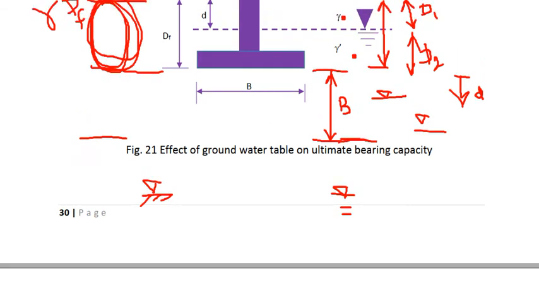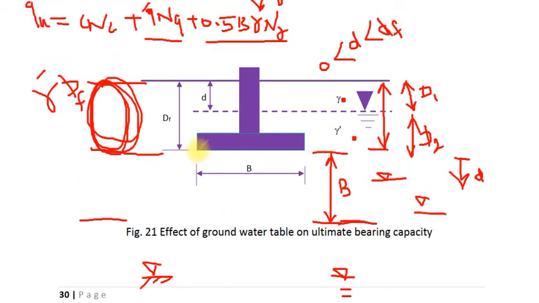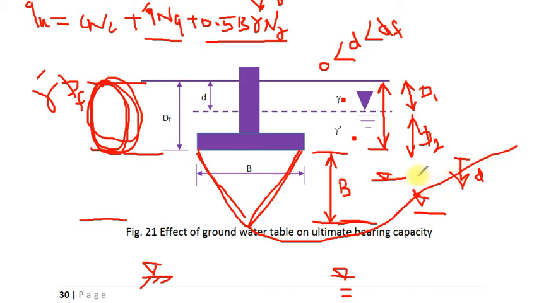To explain that, remember the assumption of the failure surface by Terzaghi or even by Meyerhof. There is a triangular elastic zone, then a Rankine and log spiral zone, and then a passive Rankine zone: the first zone, the second zone, the third zone.